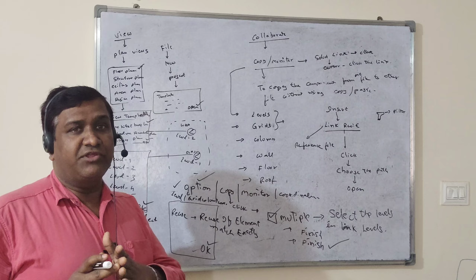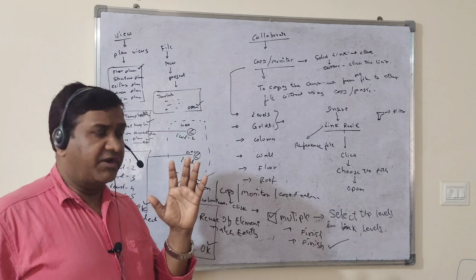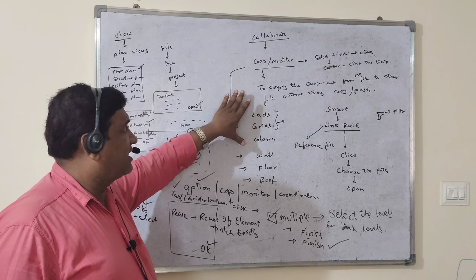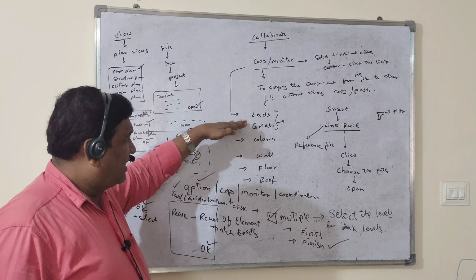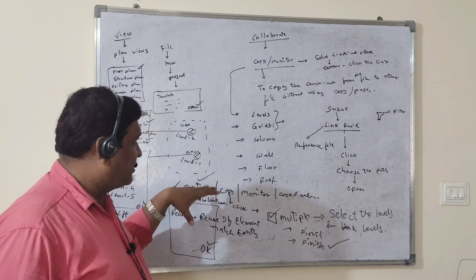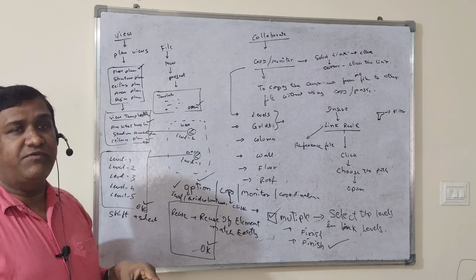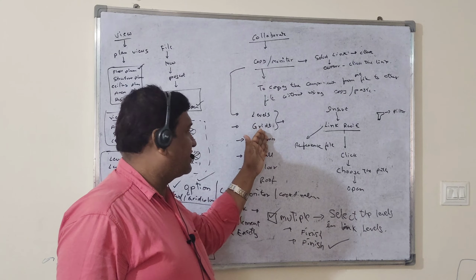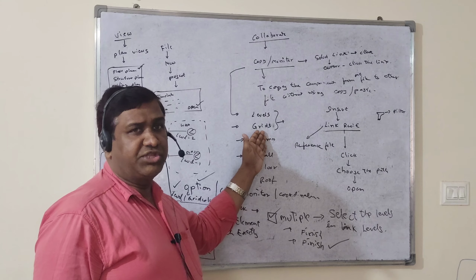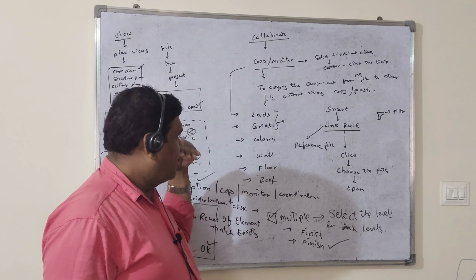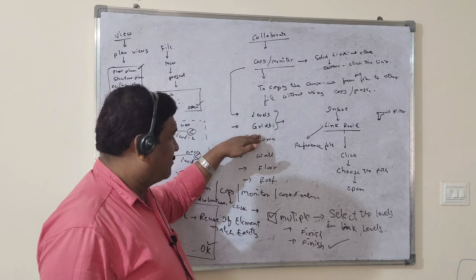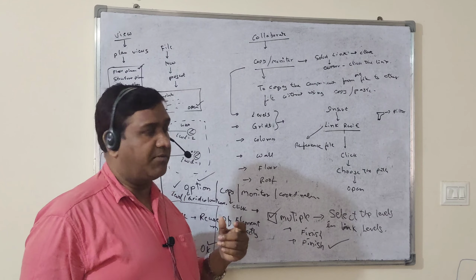In the floor plan also you have to work out the same process, how we did the levels. After getting the floor plan you will find the layout top view. In that top view also you have to make copy monitor of all the grids. No need to place them again, because just as you made the levels copy monitor, the same way you have to make the grids copy monitor.